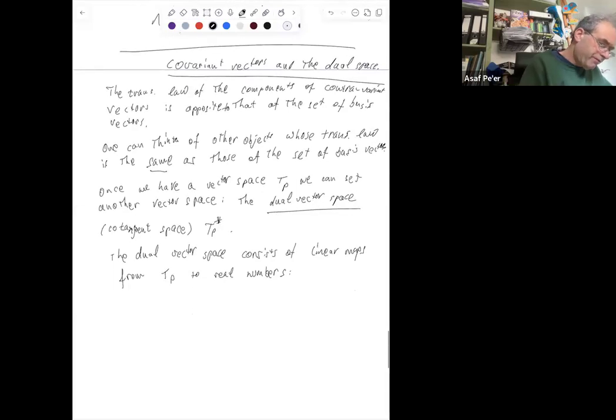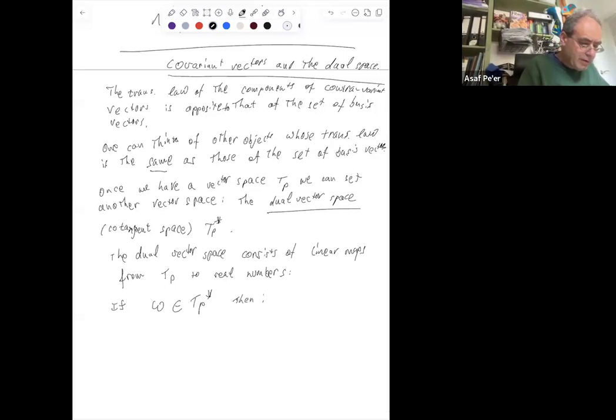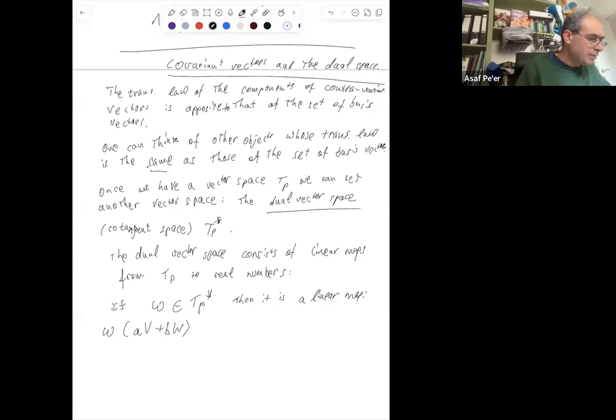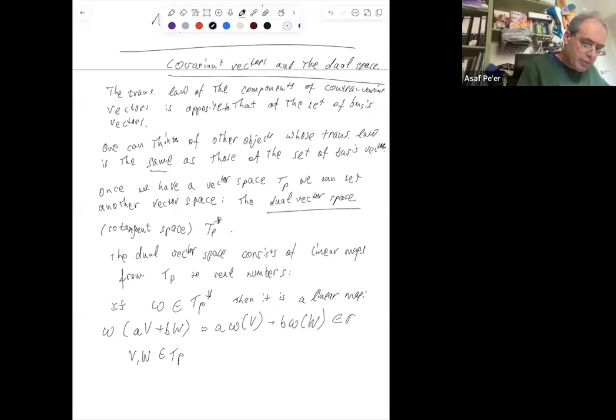So if omega belongs to TP star, a dual vector, then it is a linear map. Namely, omega operating on aV plus bW, where V and W belong to TP, is a omega operating on V plus b omega operating on W, which is a real number.